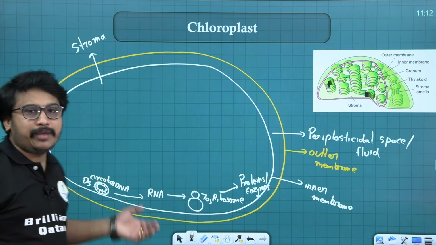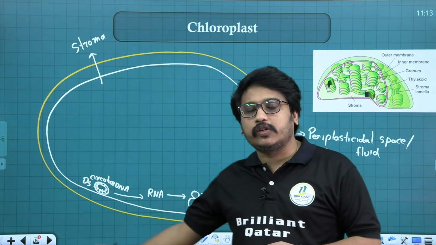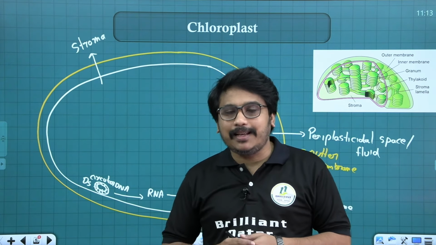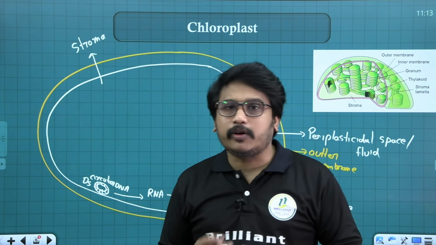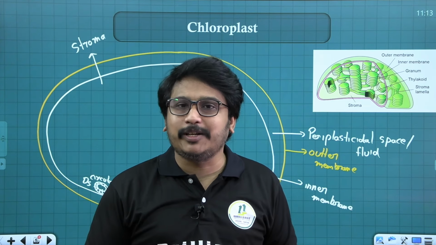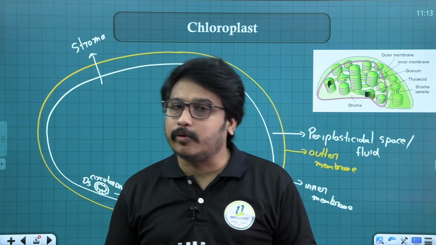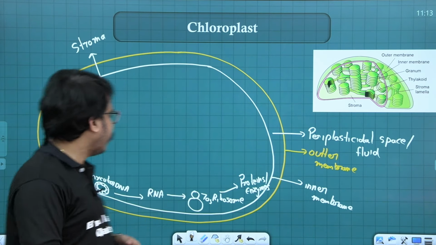Then, it's a semi-autonomous cell organelle. Partially it can work on its own, and partially it behaves like a cell itself. One more point: the semi-autonomous cell organelles in eukaryotes, mitochondria and chloroplast, are also called endosymbionts.